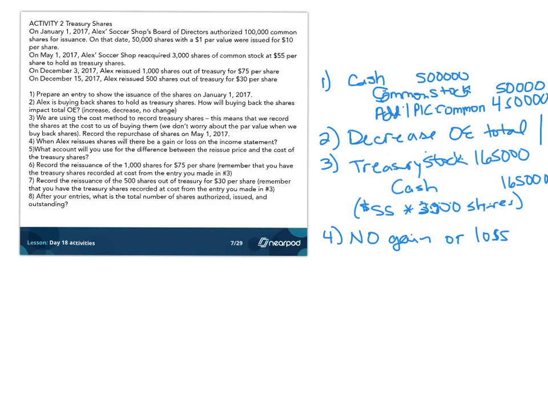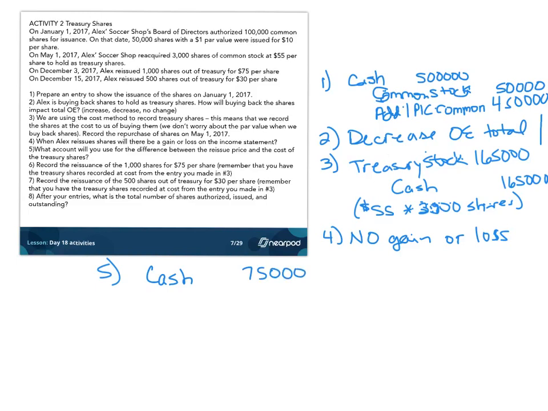All right, I'm going to jump down here. Number 5, what would be the reissuance of 1,000 shares for $75? And then I have this little comment to remember you have recorded those at the cost that we had at number 3, which was the $55. All right, so now we're going to issue them, 1,000 shares for $75. The cash is easy, $75,000.